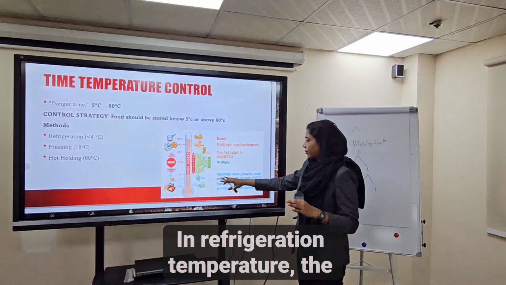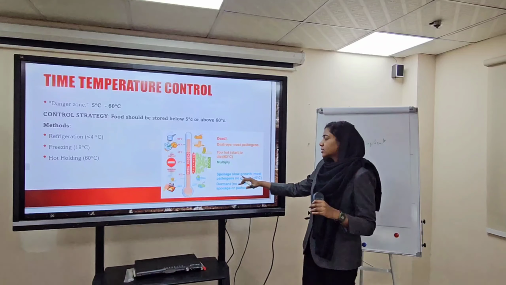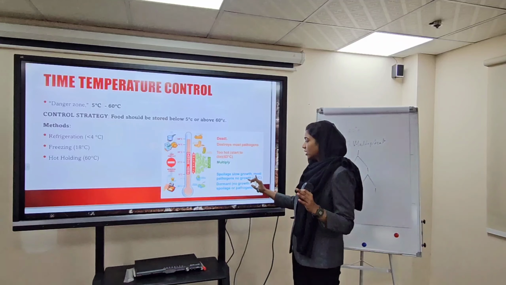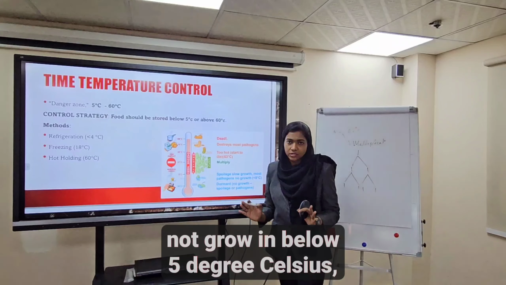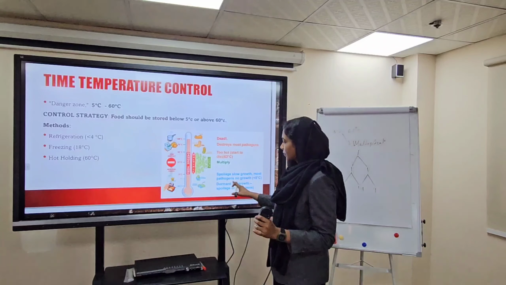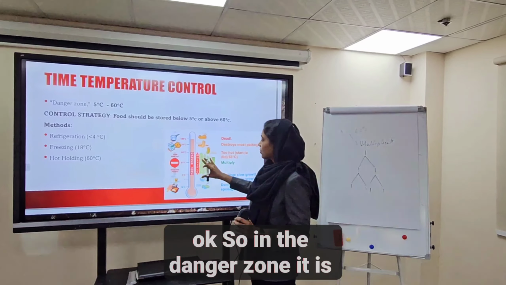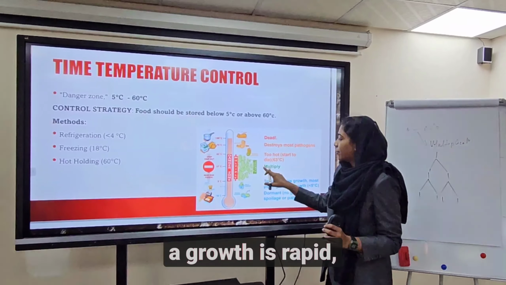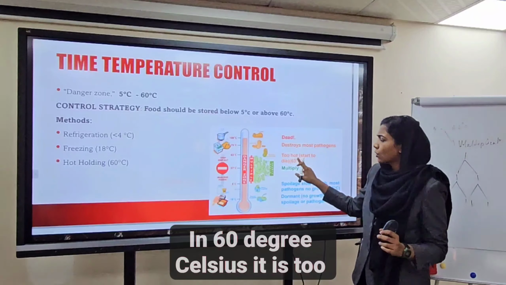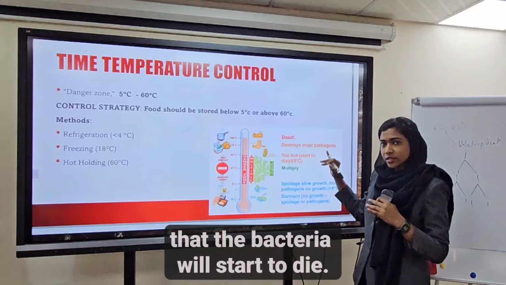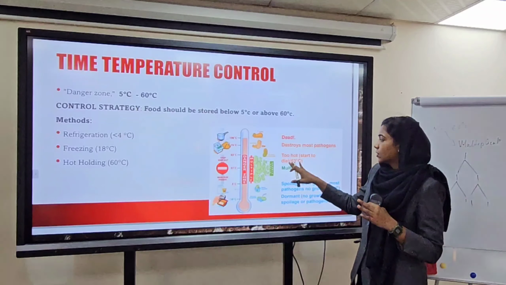At refrigeration temperature, the spoilage growth is slow, okay? And most pathogens will not grow below 5 degrees Celsius, below 4 degrees Celsius. Okay? So in the danger zone, growth is rapid, it multiplies. At 60 degrees Celsius, it is so hot that the bacteria will start to die. Okay?